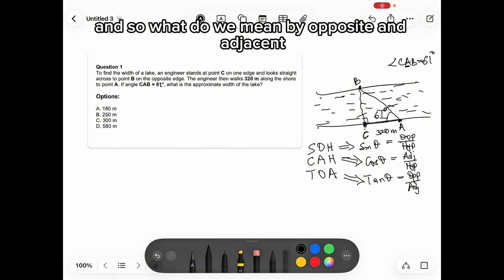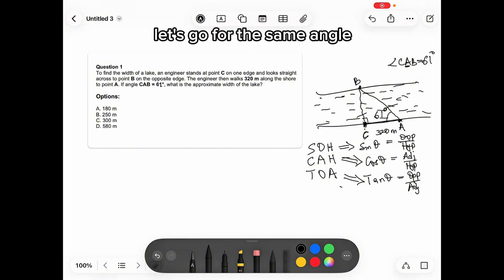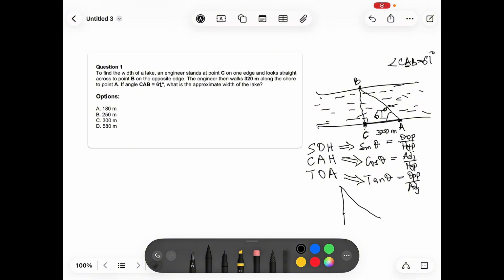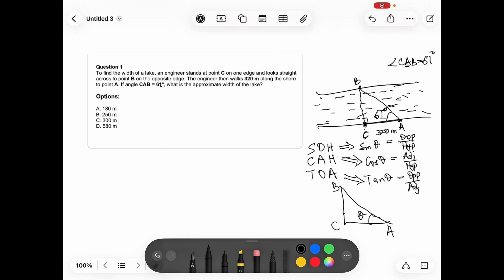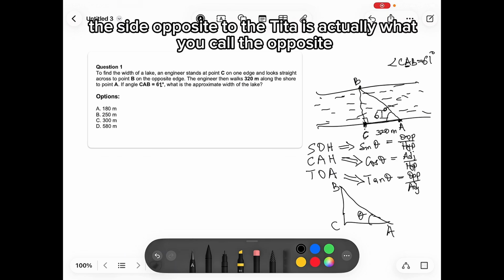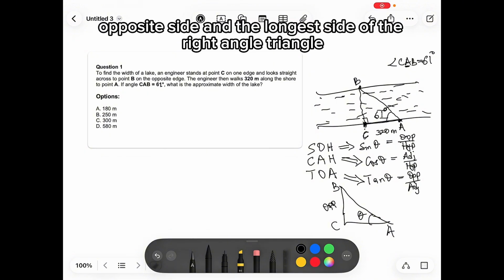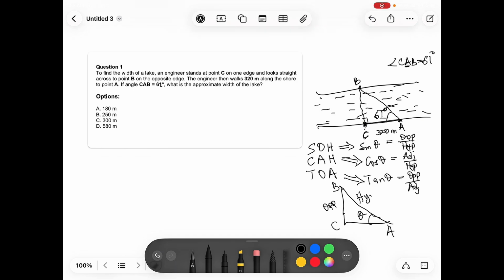And so what do we mean by opposite and adjacent? Let's go for the same triangle. When you have A, B, C, and you have, let's say, a theta here, the side opposite to the theta is what we call the opposite side. And the longest side of the right angle triangle is what we call the hypotenuse.